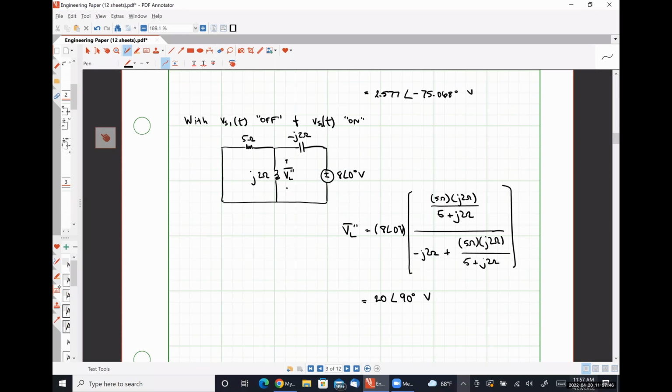This analysis occurred at an angular frequency of 1 radian per second. So this is where phasors get a little bit wonky, right? Because they represent the magnitude and phase angle of a signal, but they do not have any built-in reflection of what the frequency of oscillation actually is.